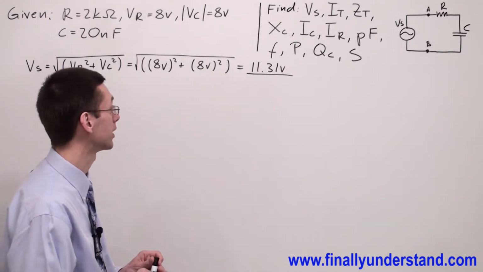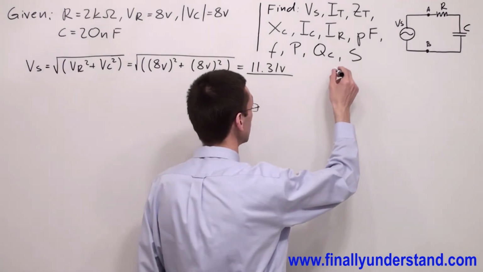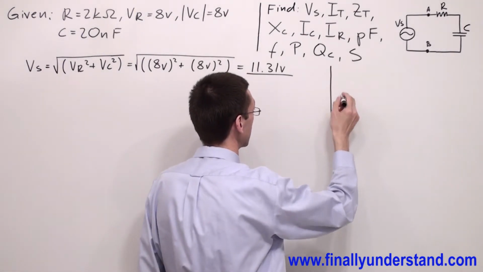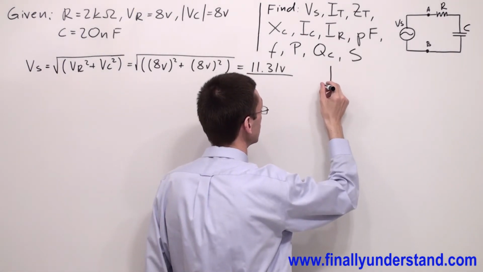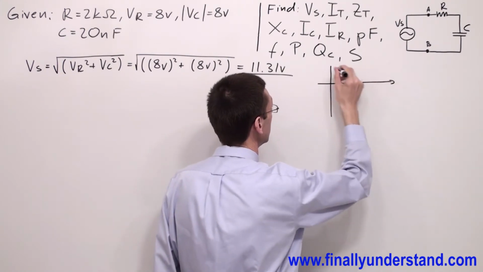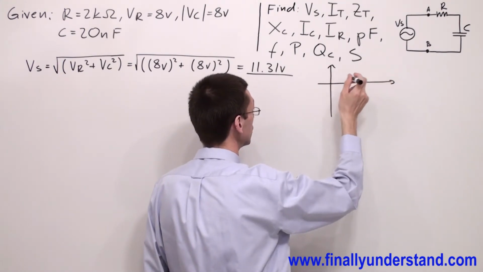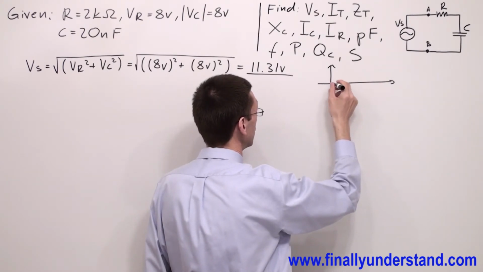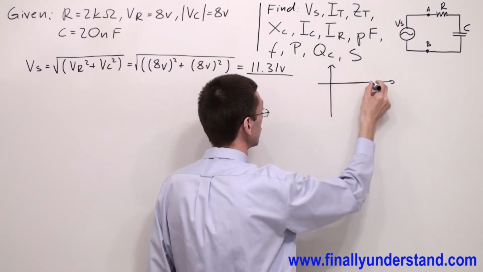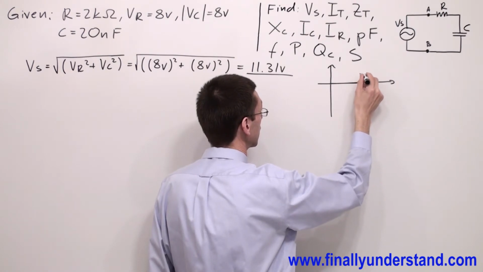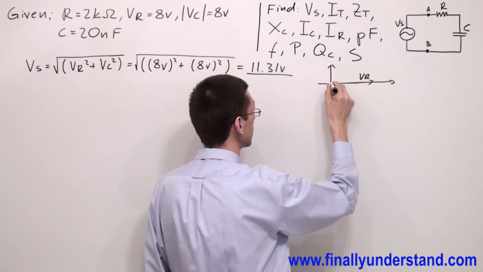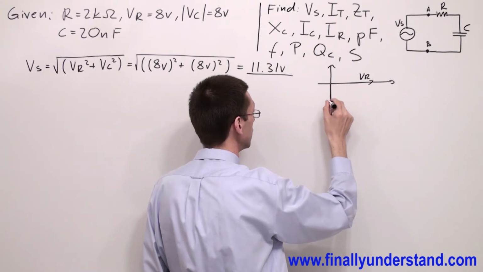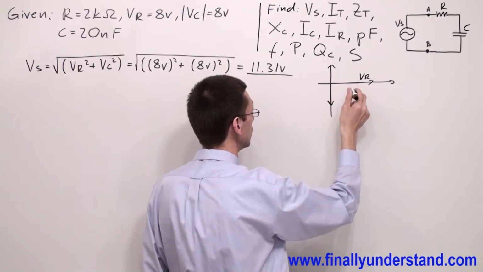Now, someone can ask why I'm using the Pythagorean theorem. You're supposed to realize that anytime we draw the phasor diagram for voltages in the series RC circuit, the phasor diagram is going to look like this. We have the voltage across the resistor, and we have the voltage across the capacitor, which is 90 degrees behind the voltage across the resistor.